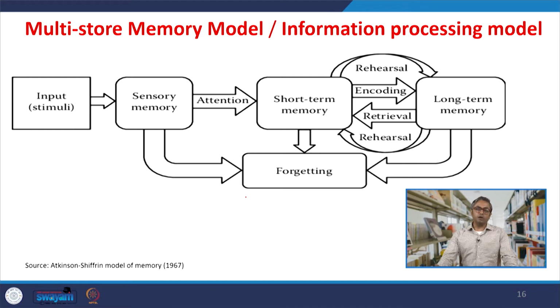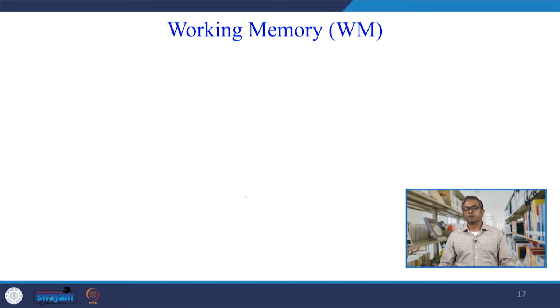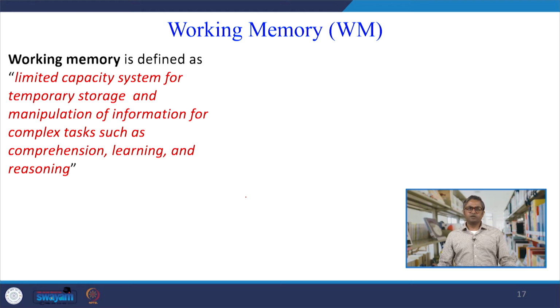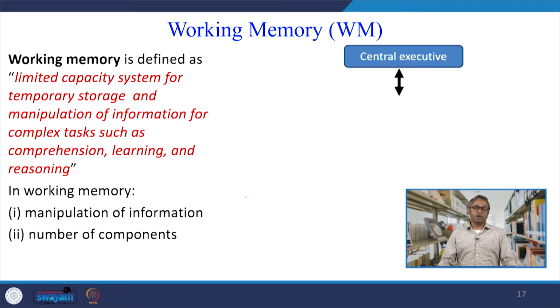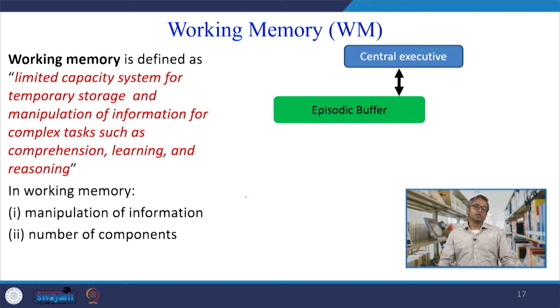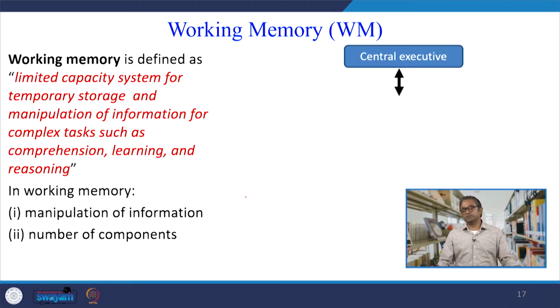Once the memory is formed, it gets consolidated and remains in our system. But very soon researchers realized that short-term memory may not be a sufficient condition for the storage, and short-term memory seems to be very passive in nature.